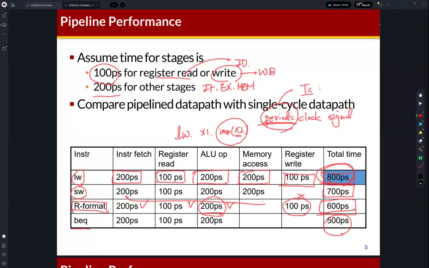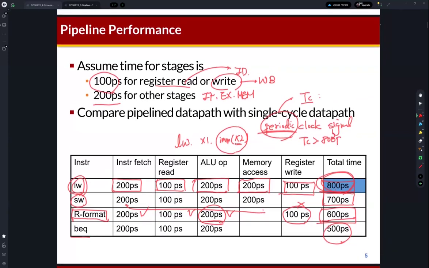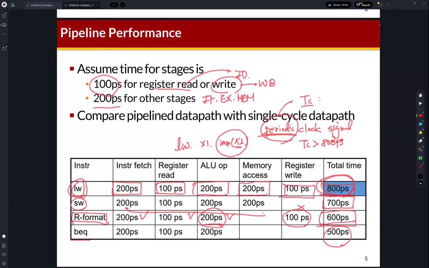That's why the TC, so actually the load word has the longest delay, and then the TC needs to be higher than this longest delay, okay, greater than the longest delay, right?